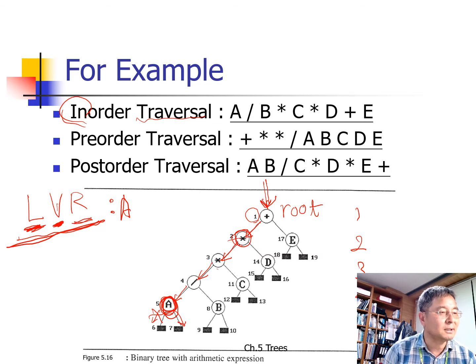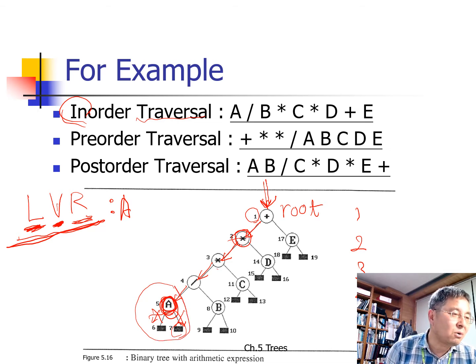But right is also null. Nothing in the right subtree. Okay, so R is also finished. That means that this node itself is finished now.